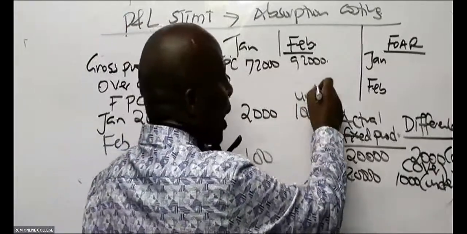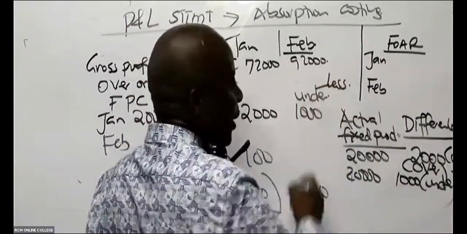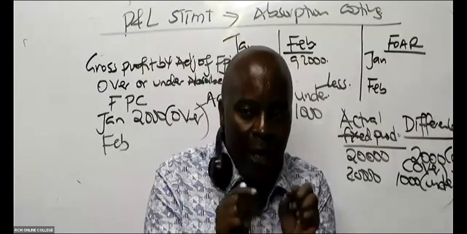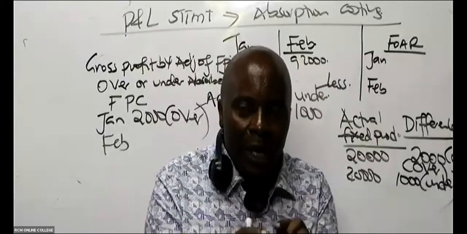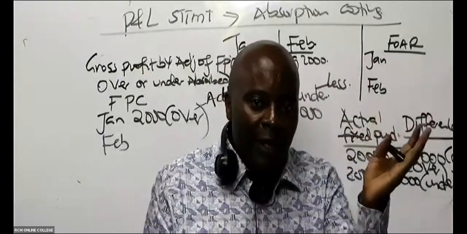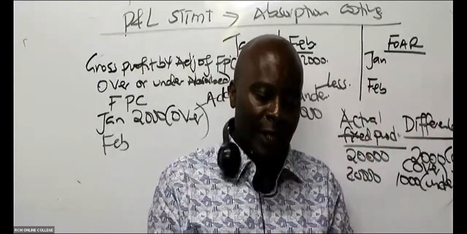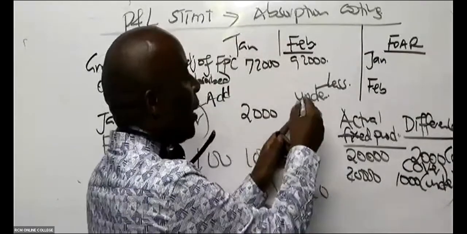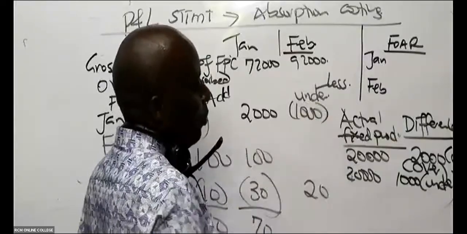Subtract. So this one, we shall less because it is under. Because when you underestimate an expenditure, then automatically your profit is overstated. So in this case here we are subtracting. So put this in the brackets.